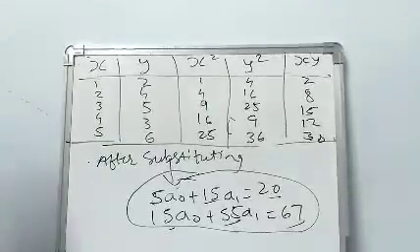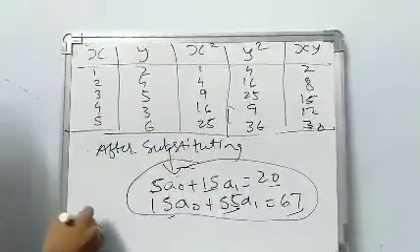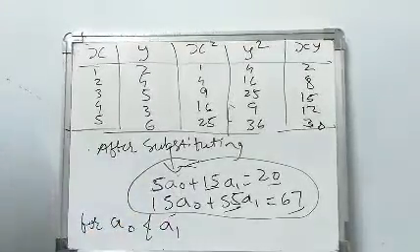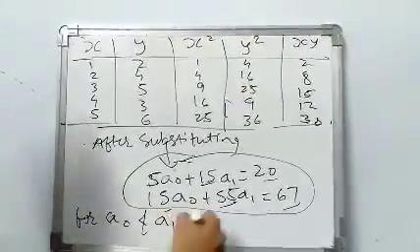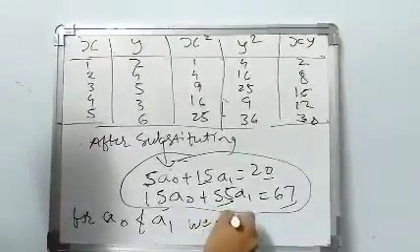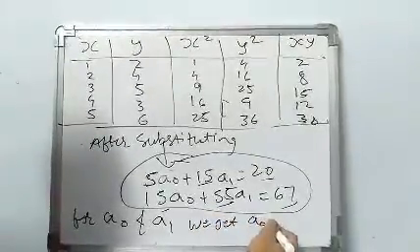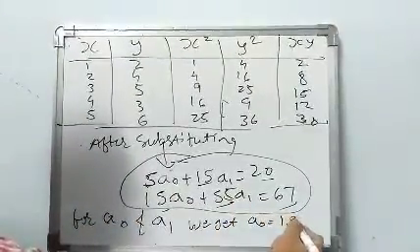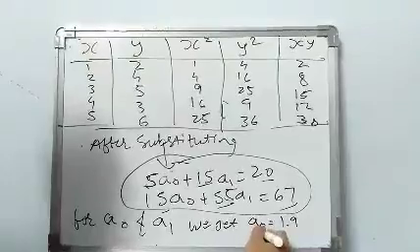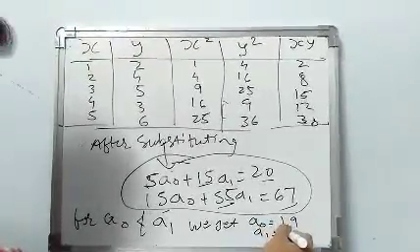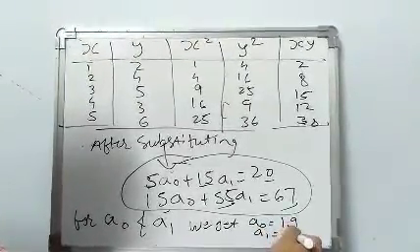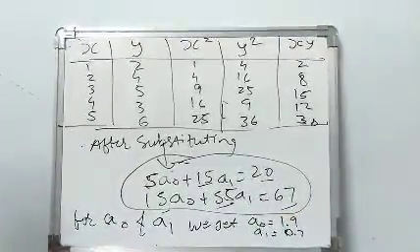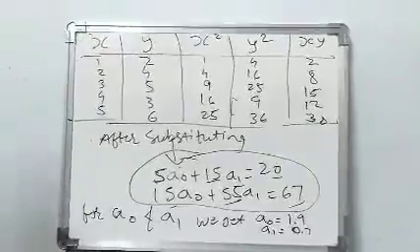After solving the above equations for a0 and a1, we get a0 equal to 1.9 and a1 equal to 0.7. So these are the values: a0 is equal to 1.9, a1 is equal to 0.7.